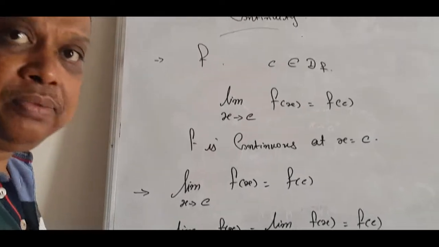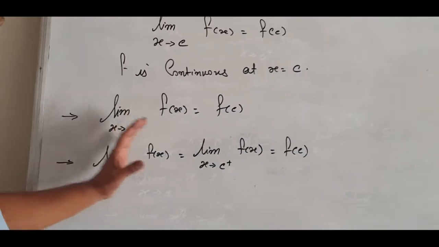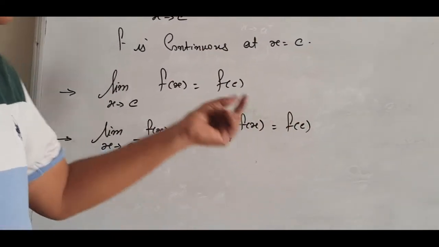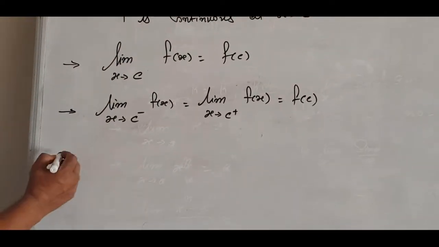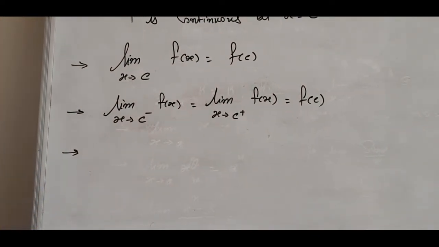Is that clear? So this is continuity at one point, at x is equal to c. Now another thing is also possible.